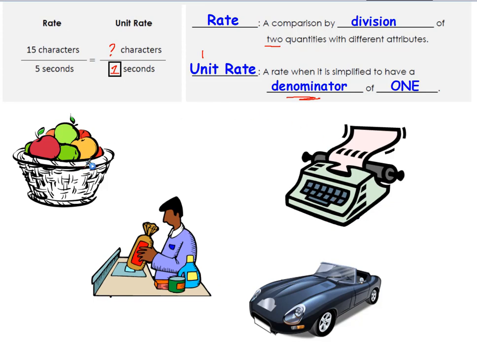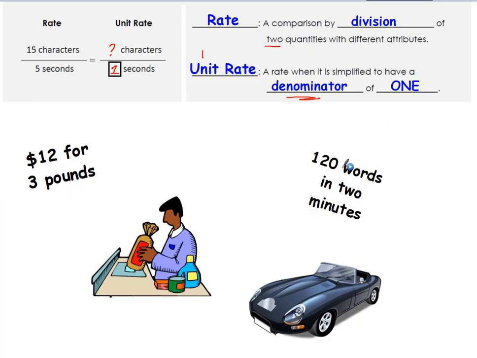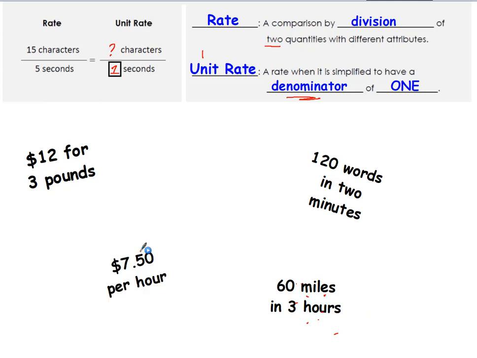So here I have 4 examples, and I want you to tell me which one would be the unit rate question. So $12 for 3 pounds, 120 words in 2 minutes, 60 miles in 3 hours, or $7.50 per hour.